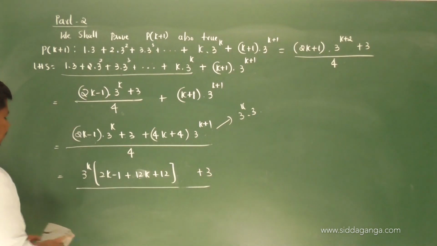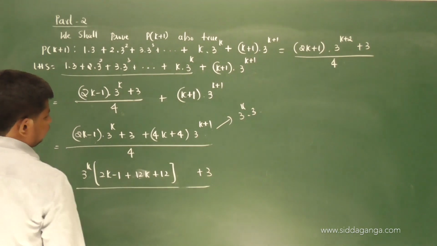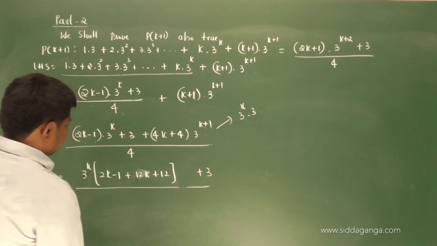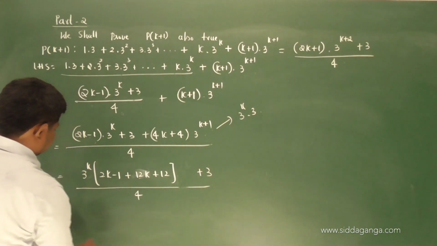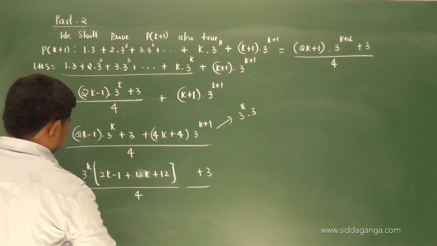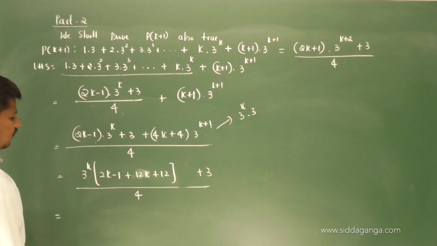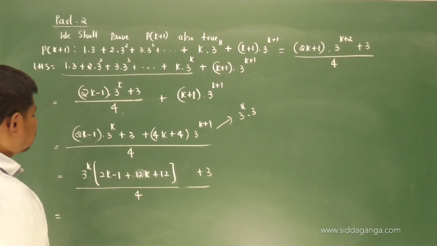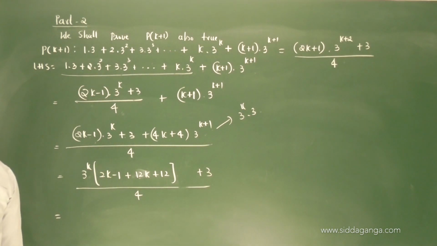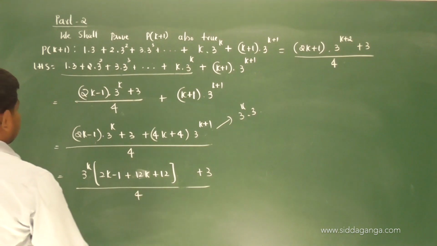Here I have taken 3 power of k outside. Okay, now 3 4s are 12, divided by 4. This gives 2k, 14k plus 2k minus 1.